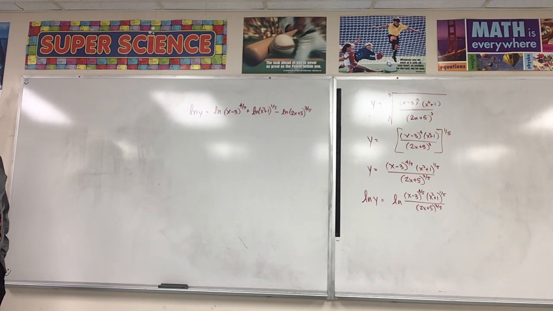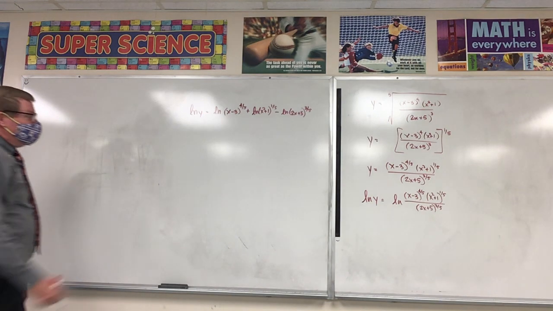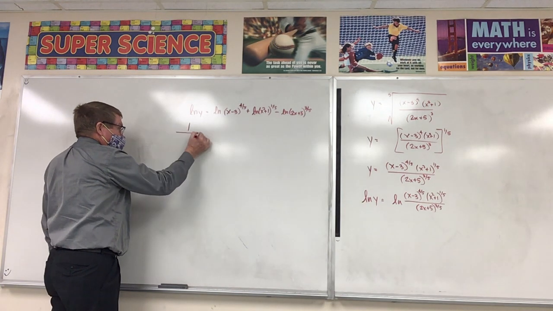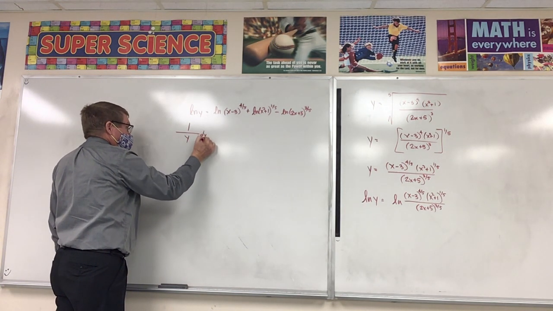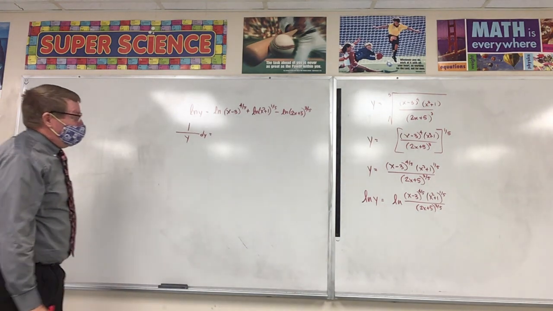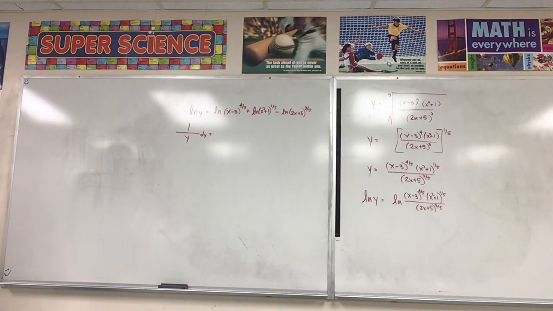I can expand my logarithms like we learned back in pre-calculus, back in the beginning of the year. Now I can take my derivatives. Derivative of ln y is 1 over y dy. Derivative of ln of x minus 3 to the 4/5: first thing I think of, I'm going to bring the 4/5 to the front.